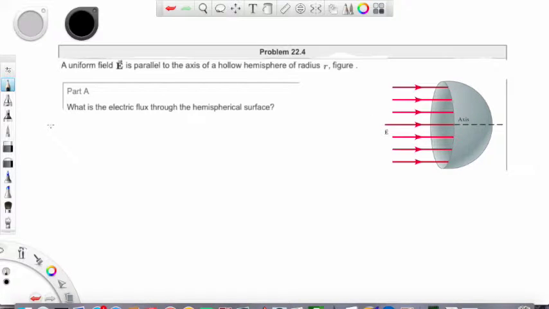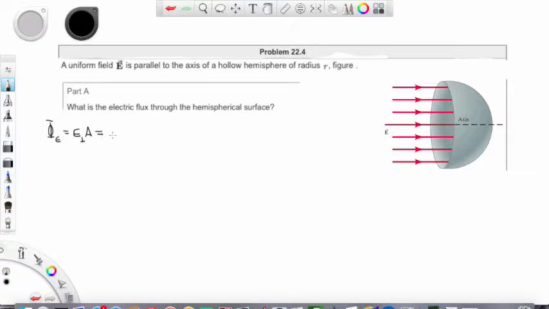The definition of electric flux through a surface is the product of E, the electric field, and the area, where the component of the electric field has to be parallel to the area at the point.